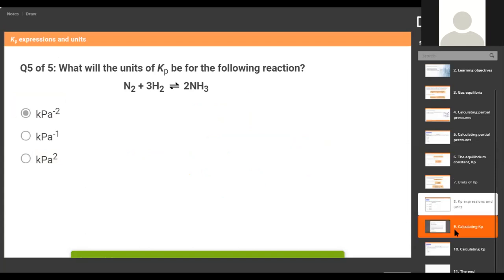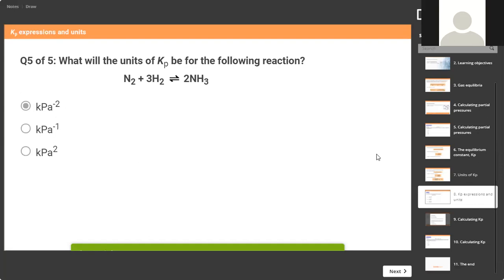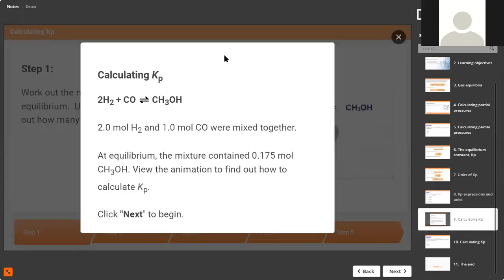Let's actually look at calculating the equilibrium constant for partial pressure now. So we're going to look at this example. We've got 2 H2 plus CO, reversible reaction to CH3OH.